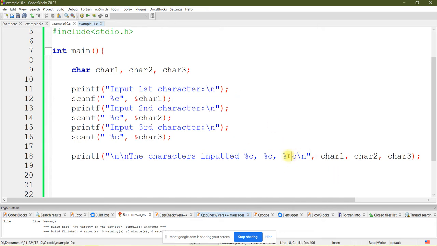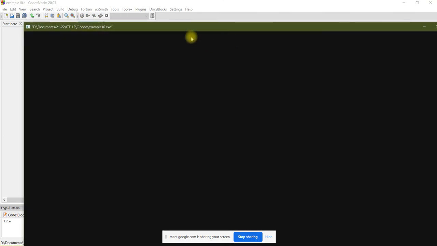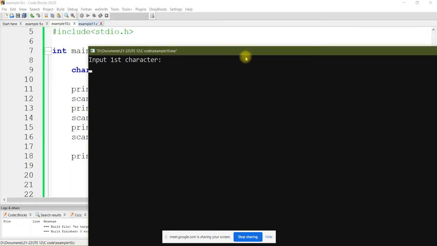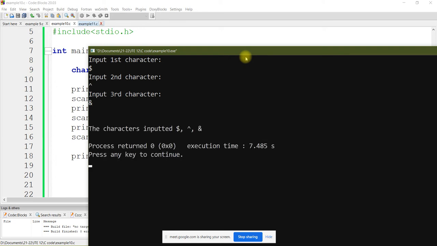Okay, so for example, you also put a space, and of course this is still percent c. Let's try it with the space. Input the characters.